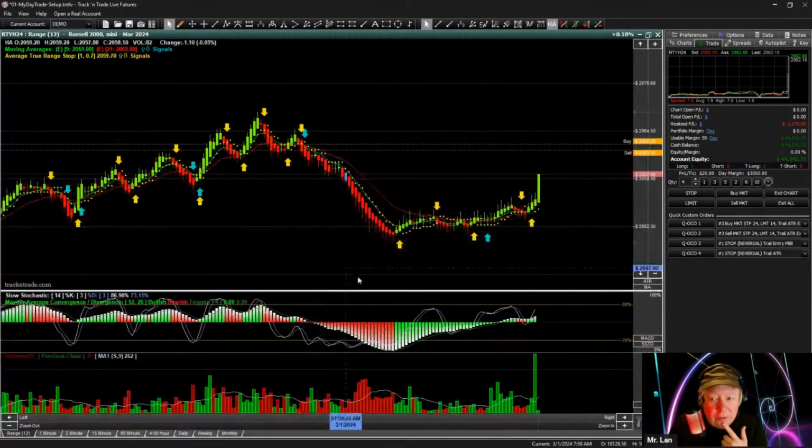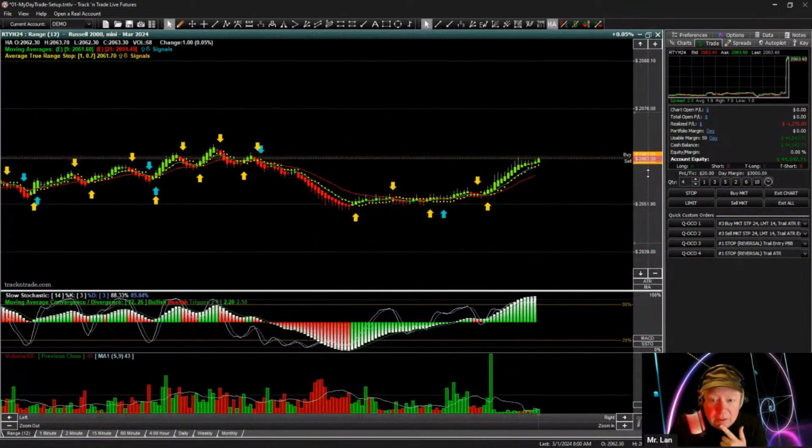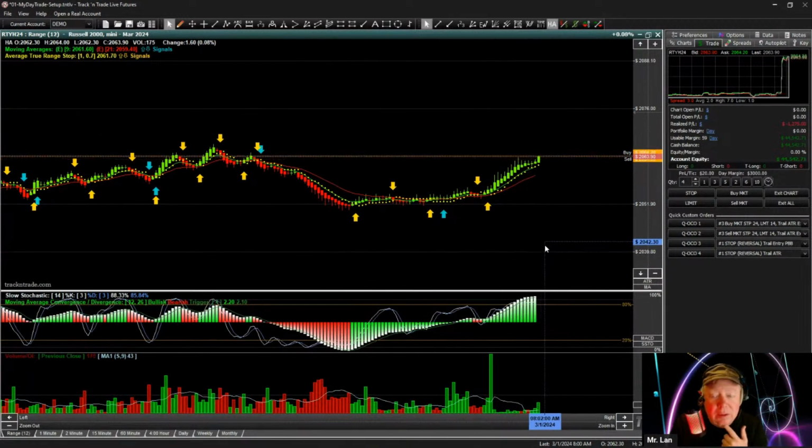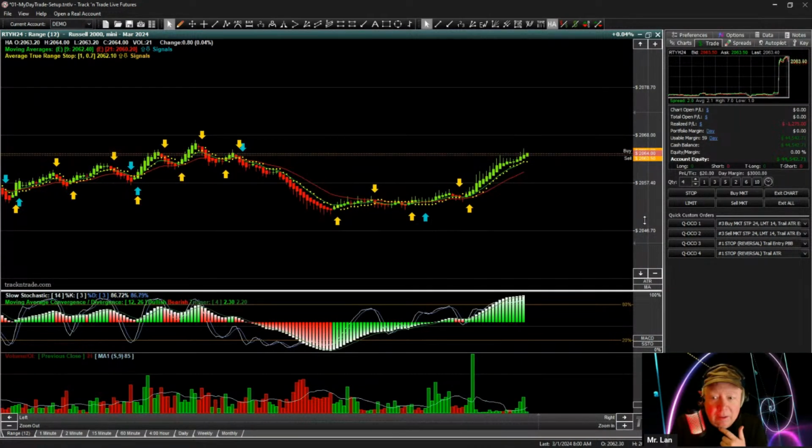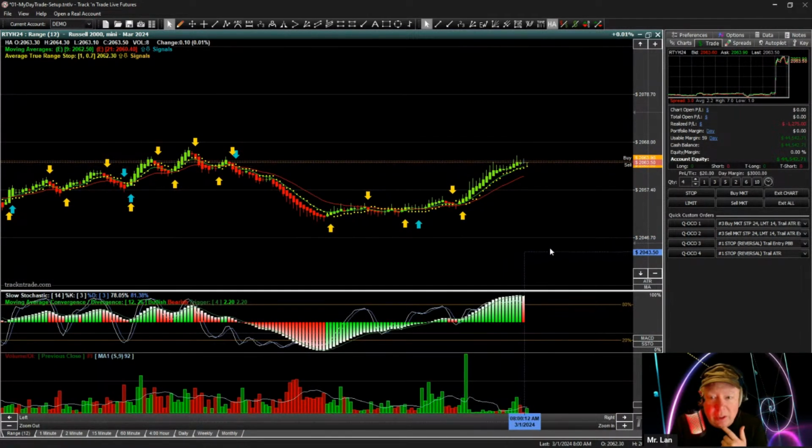So we slowed down the Russell. Still pretty fast. Look how fast that thing's moving right now. But it's half because we were at 6. Now we're at 12.